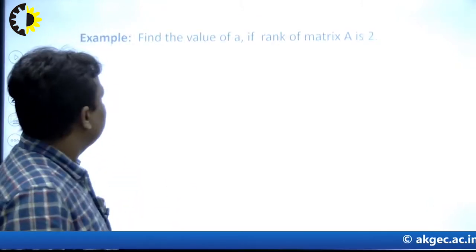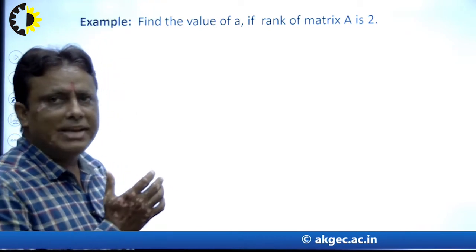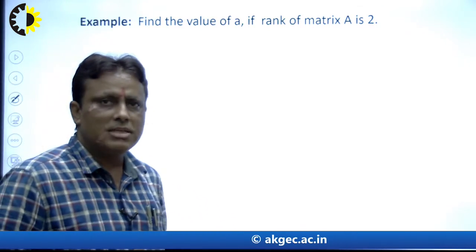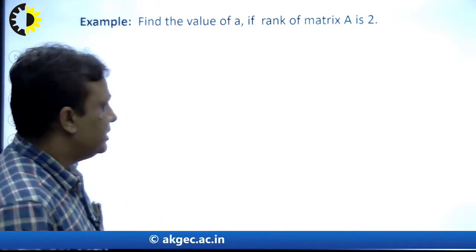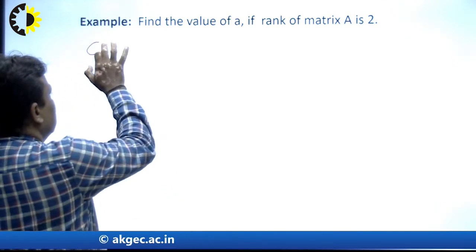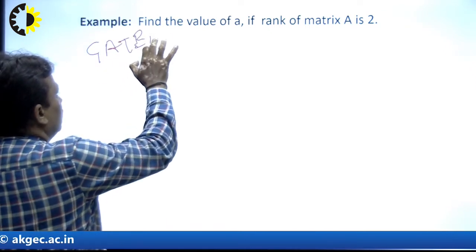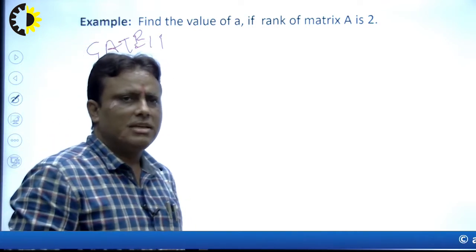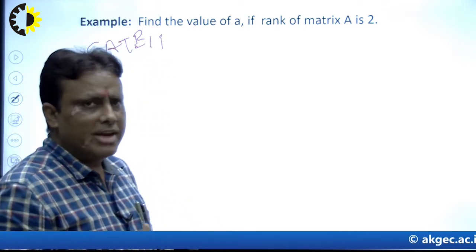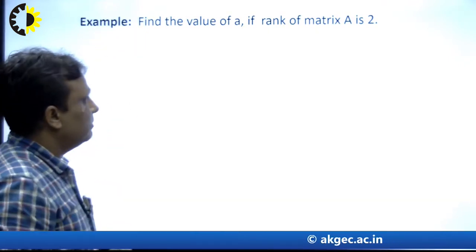First problem: find the value of a if the rank of matrix A is 2. This question arose in GATE 2019. So we solve such type of problems in this lecture, which arise in competitive exams. Now, how to solve such a problem?